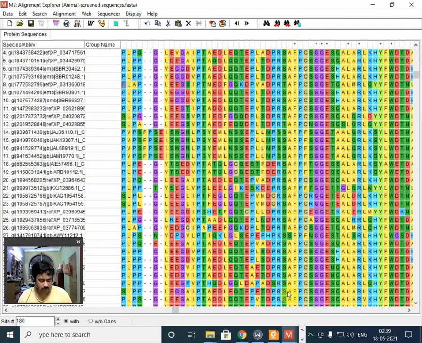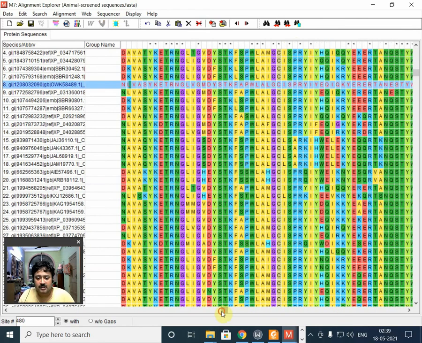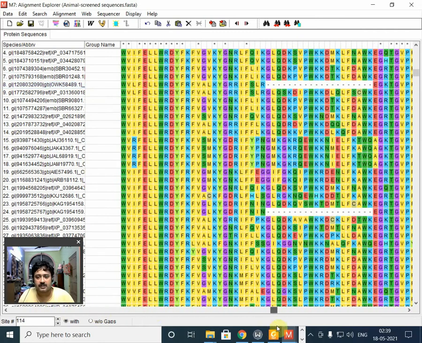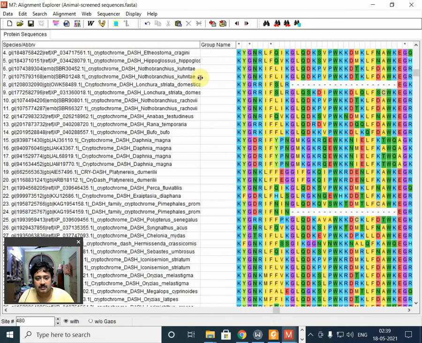So now what we can do is take this back. For now we are not going to delete this, we will keep it here, and we will move forward with this one. Also see these two species here. You have to see whether these two species are somehow related or not, because they are having the gap exactly at the same position.